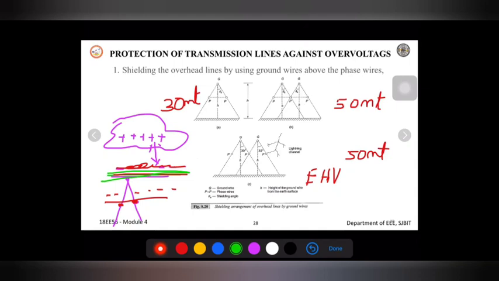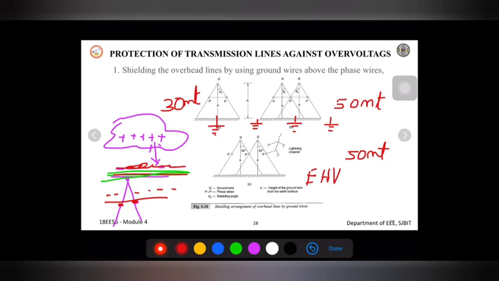And the ground wire will be earthed at regular intervals. If you look here, the entire thing has been grounded from here to here. Usually, at regular intervals, if this is your transmission line, they will ground at this point, and if you go to the other span, the grounding will be done at regular intervals.